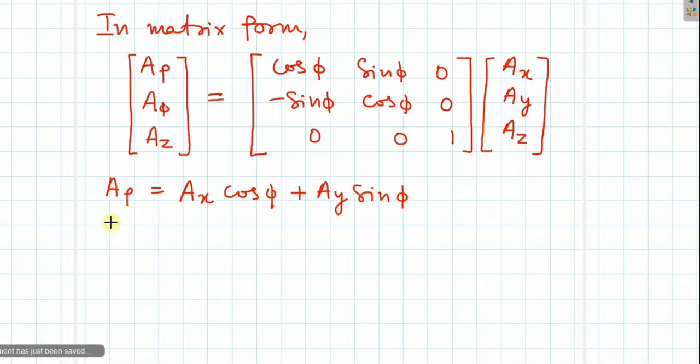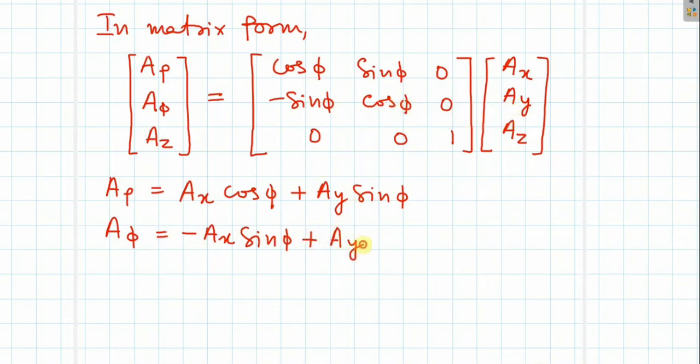Similarly for A phi, it is the same matrix multiplication: minus Ax sin phi plus Ay cos phi, and 0 into Ax, 0 into Ay, so only the z component is there, so Az equals Az.